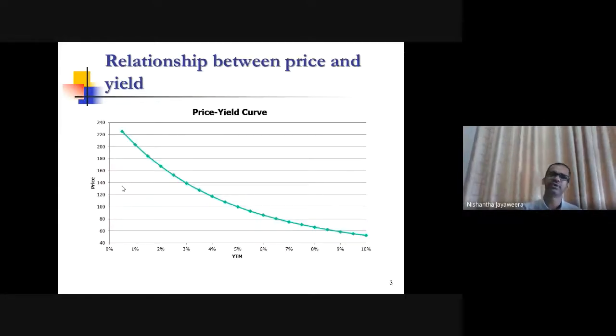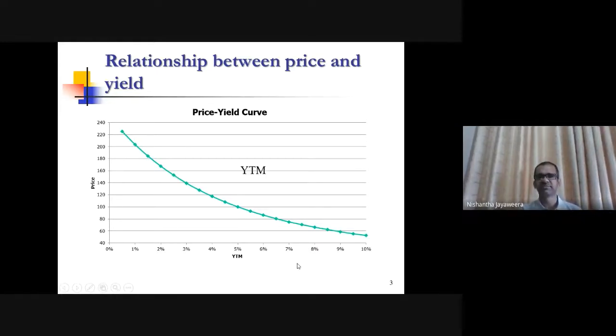Then you might remember we discussed this price-yield relationship. This is the graph we did last week. For a particular bond, when the yield to maturity increases, you can see the price is decreasing, from 220 to 40-something when the interest rate is 10%.